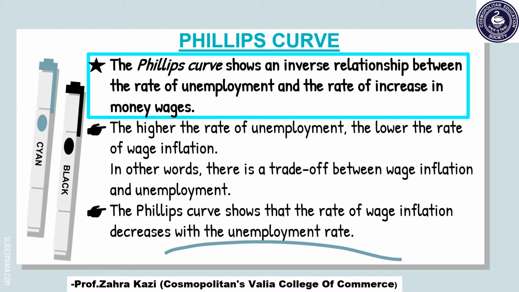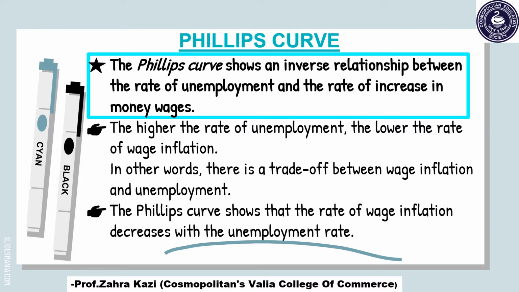Trade-off means that if we want to reduce inflation, then unemployment percentage will increase. So we will have to give up one indicator so as to reduce the other indicator. So we cannot achieve low unemployment along with low inflation. That cannot take place. So there is a trade-off.